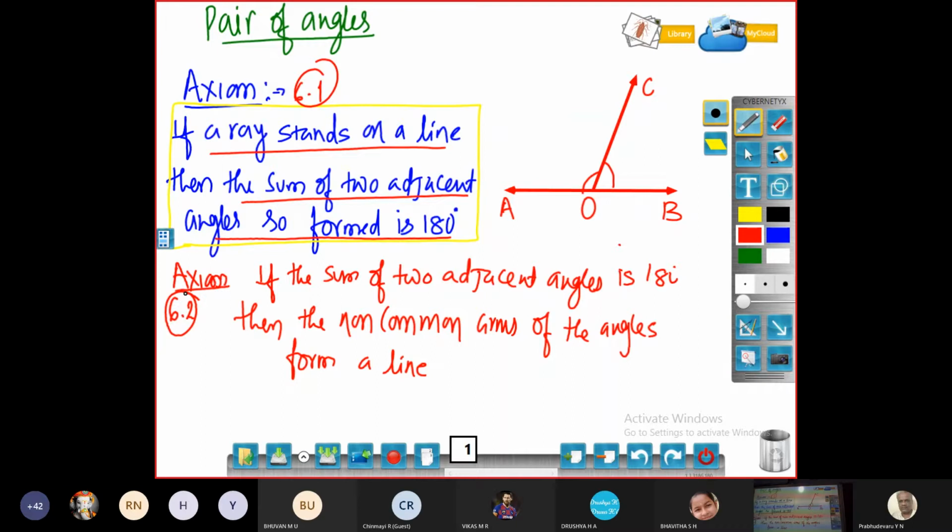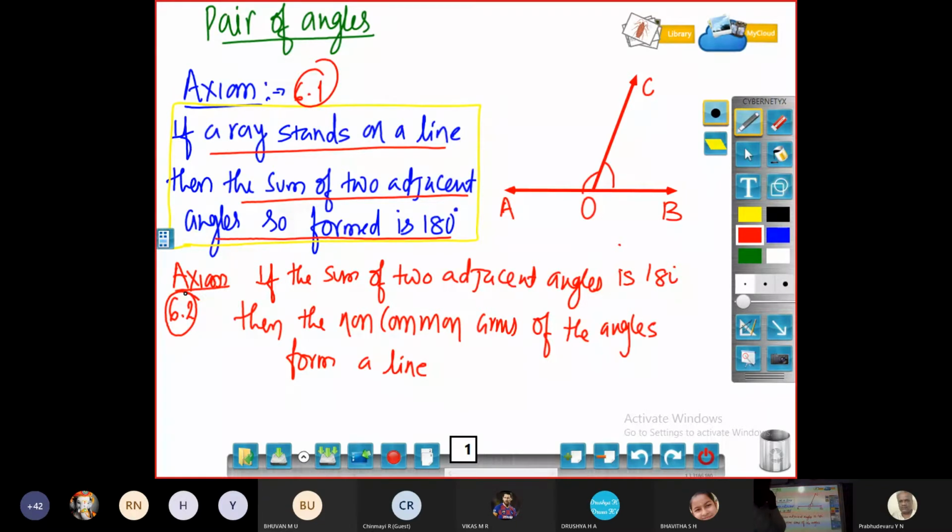As for the second statement, I can draw like this. If the sum of two adjacent angles is 180 degrees, then the non-common arms of the angles form a line. Now I am going to draw some diagrams for this, so that you can understand.